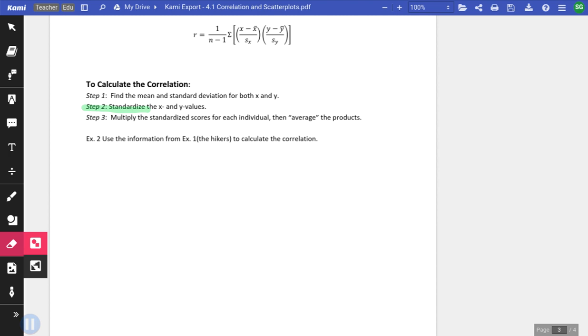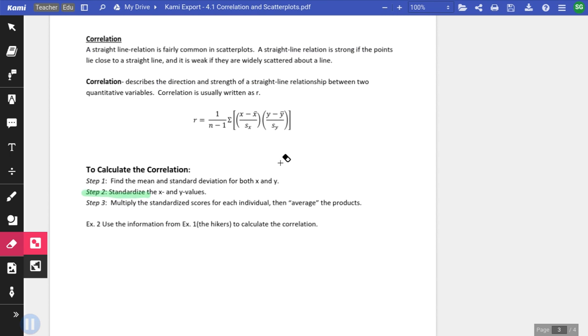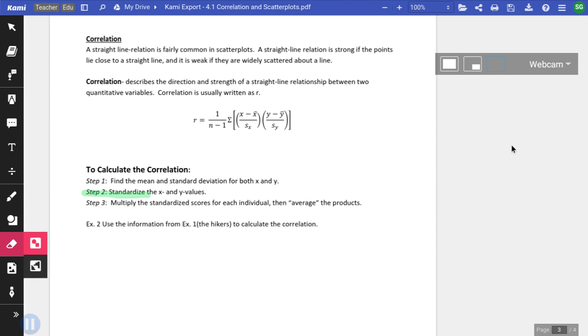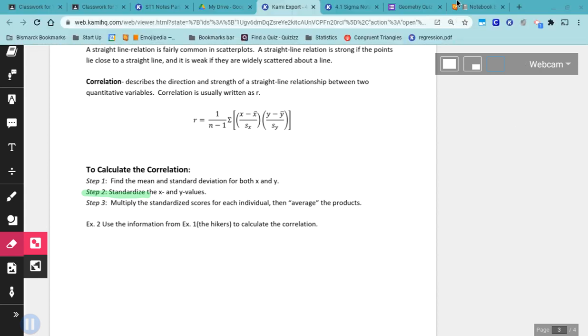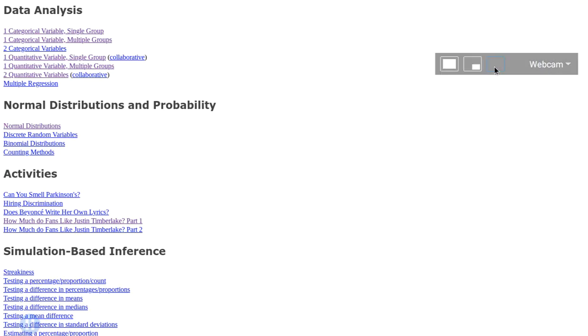So let's use, most of you seem to prefer Stablet. So we're going to go to quantitative variable.